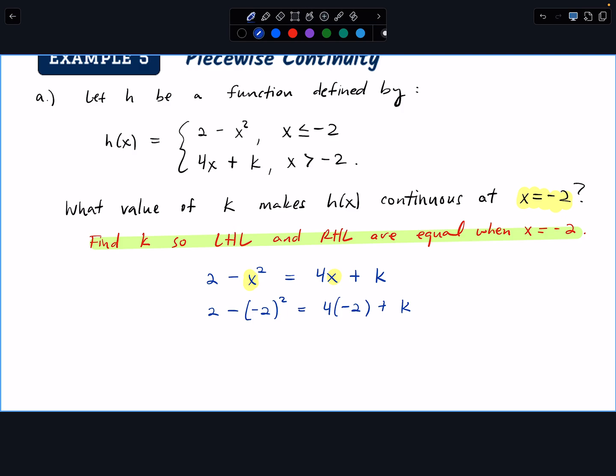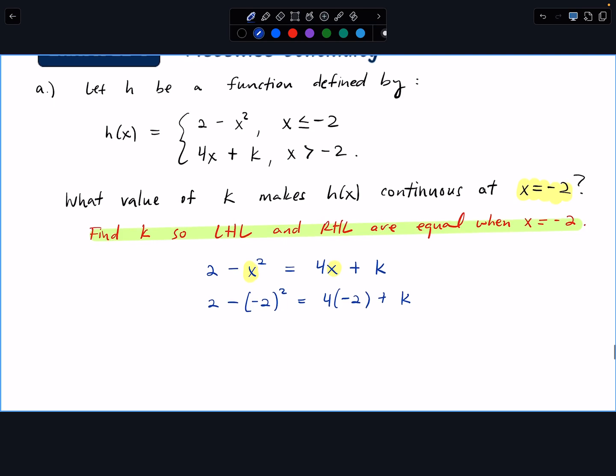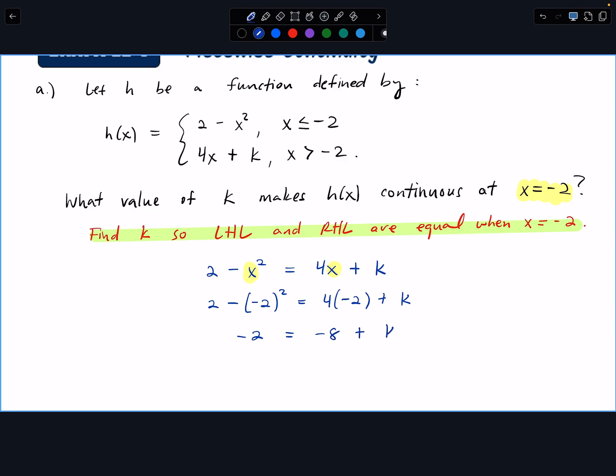What is negative 2 squared? 4. What is 2 minus 4? Negative 2. 4 times negative 2 is negative 8. Last step. Add 8. So what's k, guys? That's it.